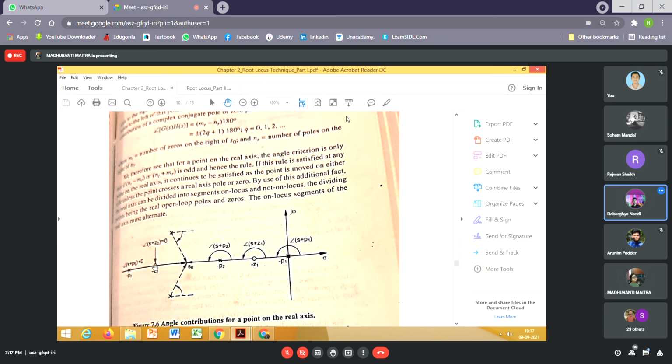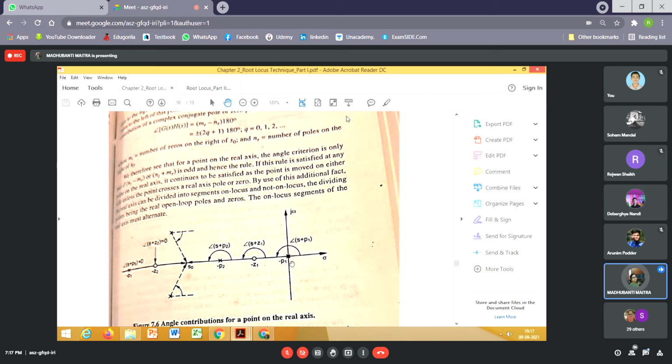And these two real open loop pole and zero are lying to the left of this particular trial point, right? Now, as per the rule, if we add the number of real open loop poles plus real open loop zeros, we find 1 plus 1 plus 1.